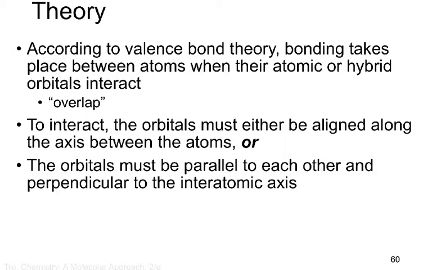Now, bonding is going to take place when atomic or hybrid orbitals interact or overlap. To overlap, they need to be aligned along the axis between the atoms, or in the case of p orbitals, they can be parallel to each other and perpendicular to the interatomic axis.